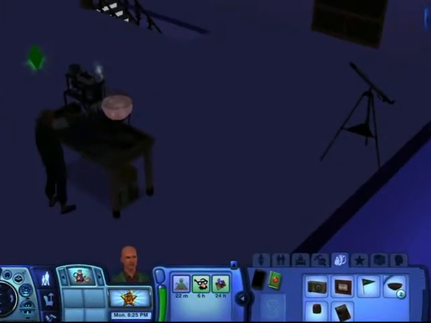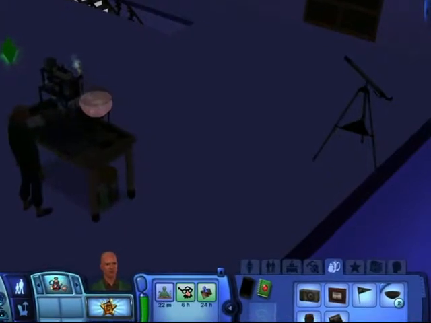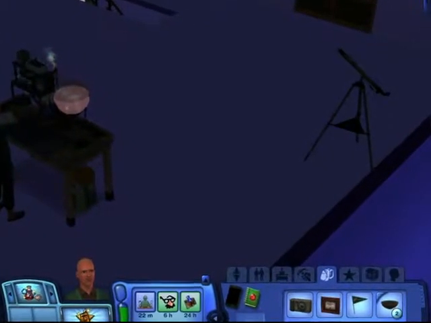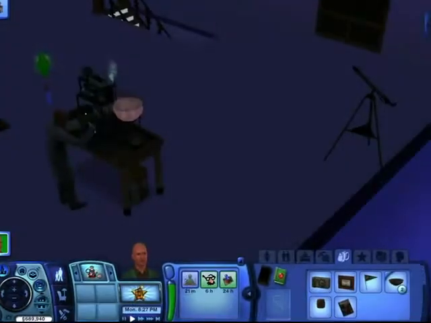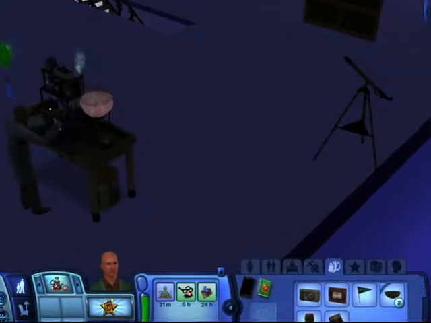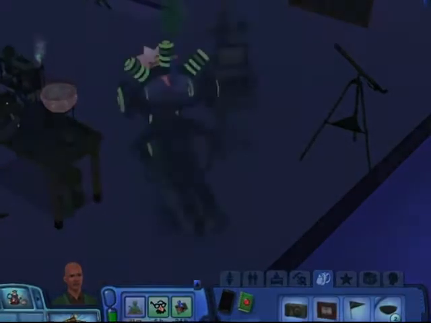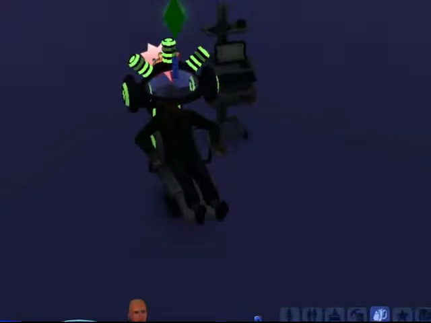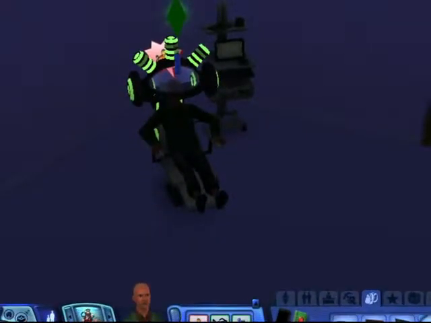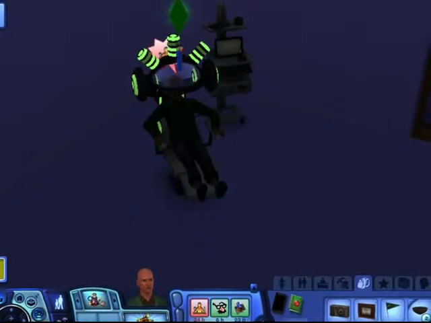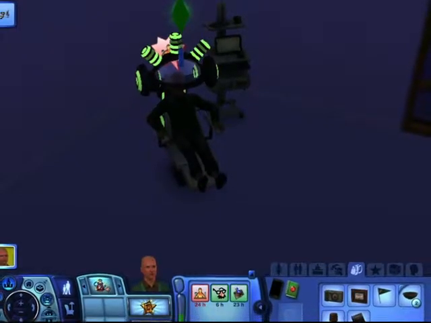Next, they can tamper with some chemistry and try to mix up experiments. It seems our sim may have wanted to experiment with some virtual or augmented reality.